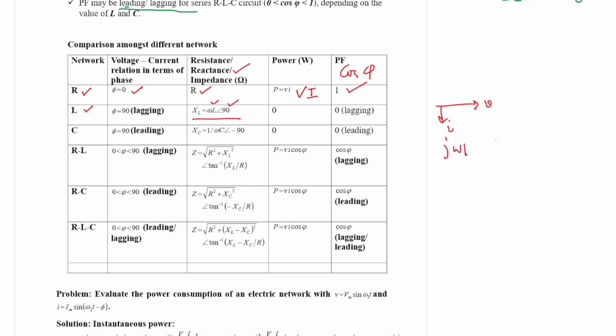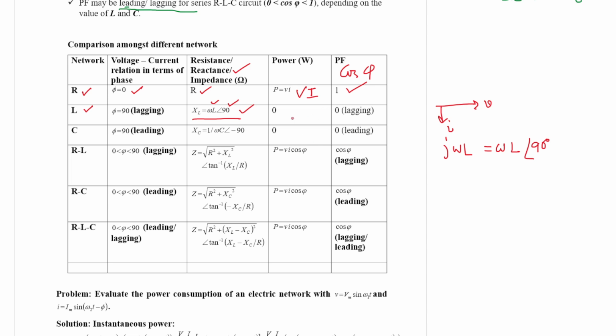Omega L is the magnitude, and j is contributed by a positive angle of 90 degrees. That is why it is written as omega L at an angle of 90 degrees.